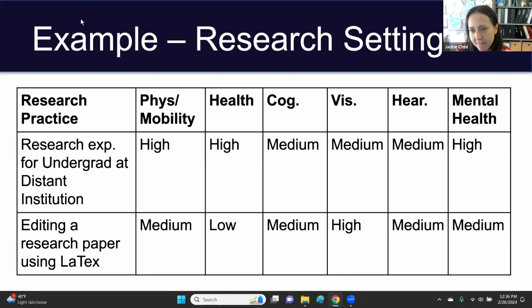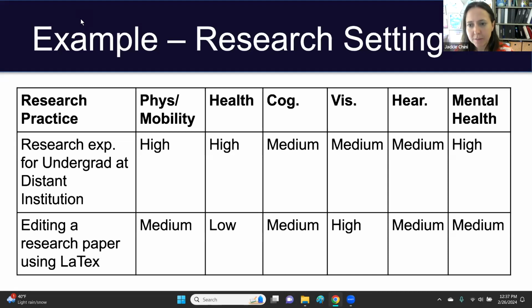We left cognitive, visual, and hearing as a medium load here. We did not anticipate specific differences between the distant research experience and a local research experience along those dimensions. But this is a tool for reflecting, right? So if you have other ideas, we'd be glad to hear about them in the Q&A later.